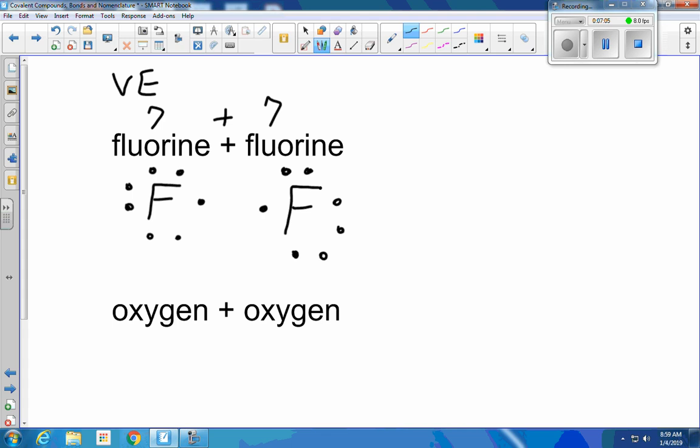Now, when I draw it like this, it gives you an obvious avenue to show the shared electrons. So we know that these 2 in between here are going to be shared. So when we draw this, the 2 that are shared are in between.